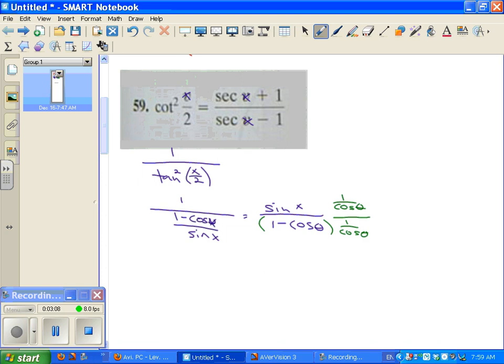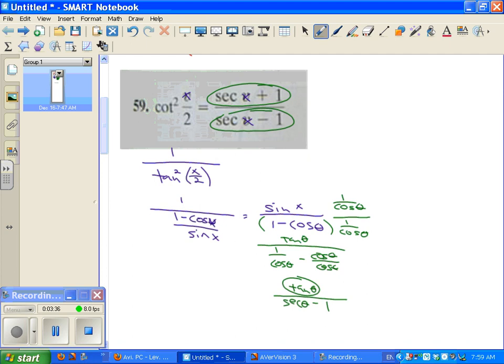So now I've got down here 1 over cosine minus cosine over cosine. But at the top, I'm going to have tangent because it's going to be sine over cosine. So I get tangent of theta over secant minus 1, which is what I wanted down there, but somehow I have to turn that into this.